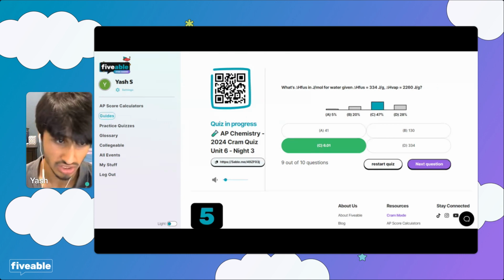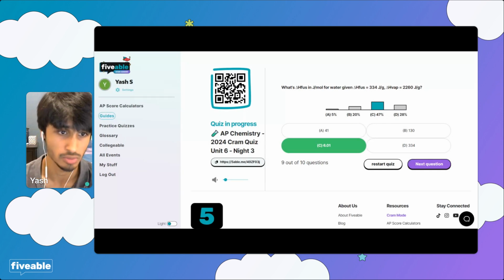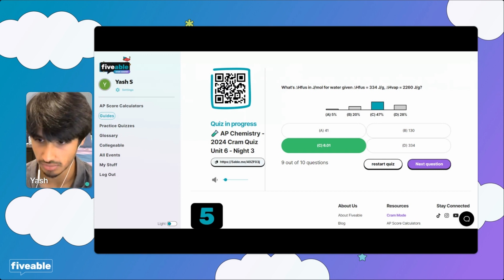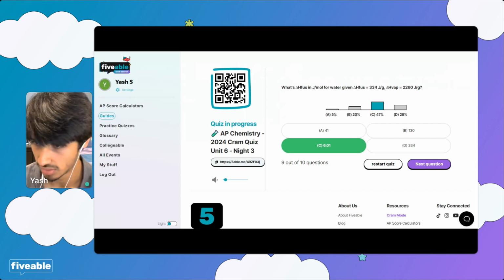So we know that the heat of fusion is 334 joules per gram. And the question is asking us, what is the heat of fusion in joules per mole, right? And we know that in 1 mole of water, there are 18.016 grams of water. Remember, that's just from molar mass, 18.016 grams per mole.